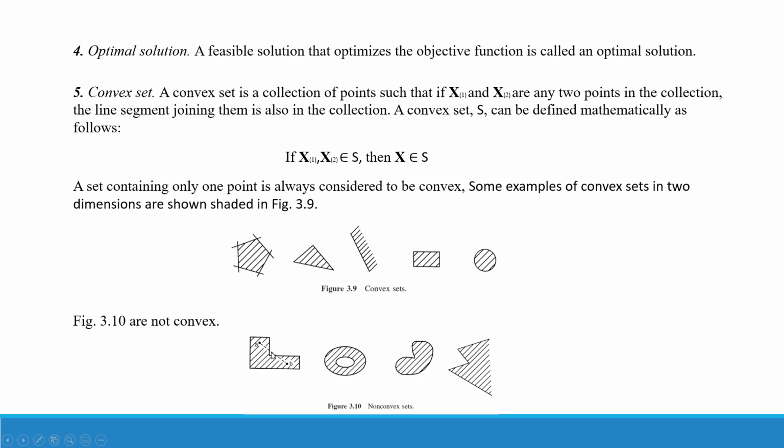We can find the same in those pictures. We can draw a line here, and a line here, and a line here.